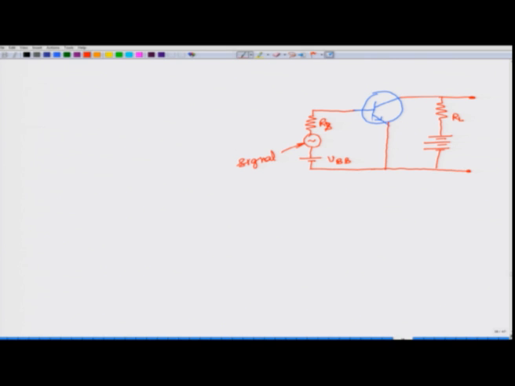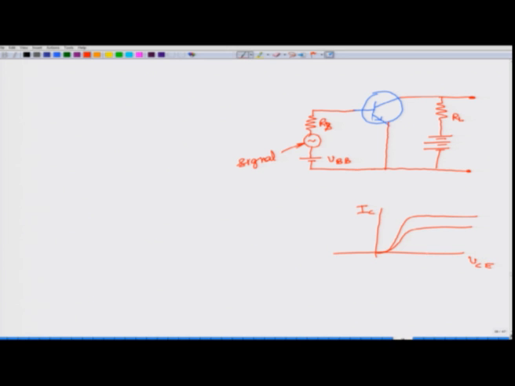So, qualitatively let me again understand it using our output characteristics. Let us draw two characteristics, one corresponding to some IB, this is our IC and this is our VCE. Okay.